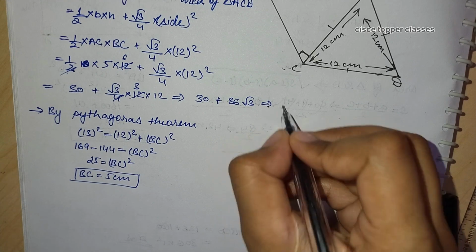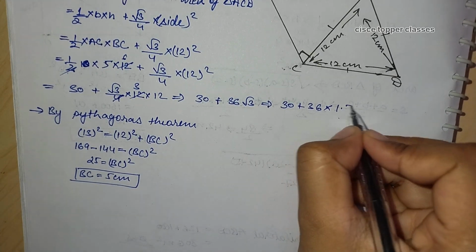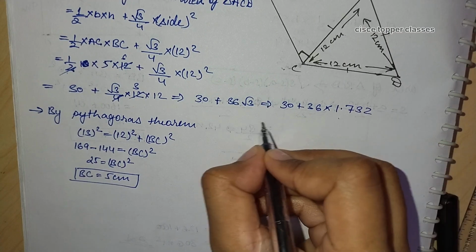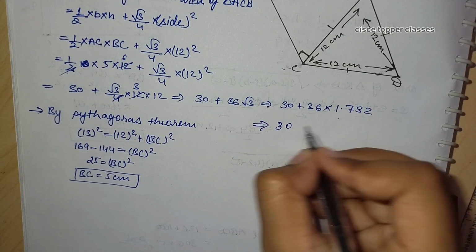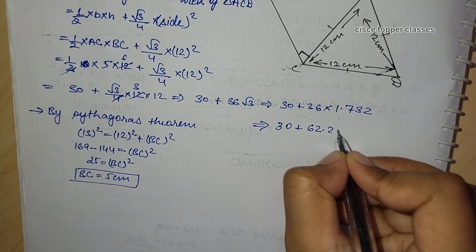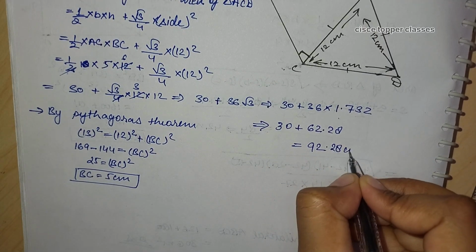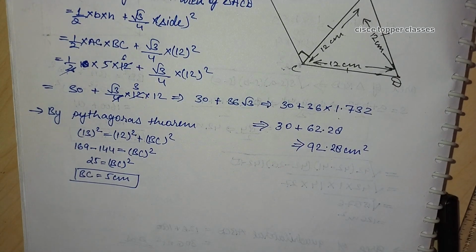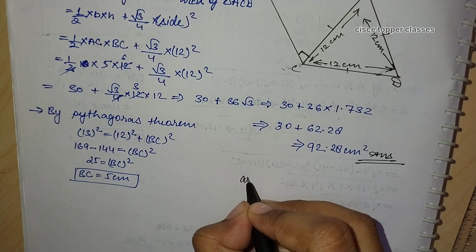So here we can write it as 30 plus 36. We'll put the value of root 3, so this will be 1.732. And on multiplying this and adding 30, we'll get 92.28 centimeters square as the answer of this question. This is the area of quadrilateral.